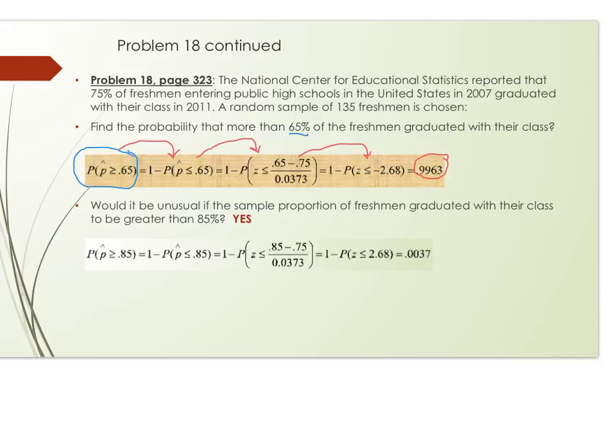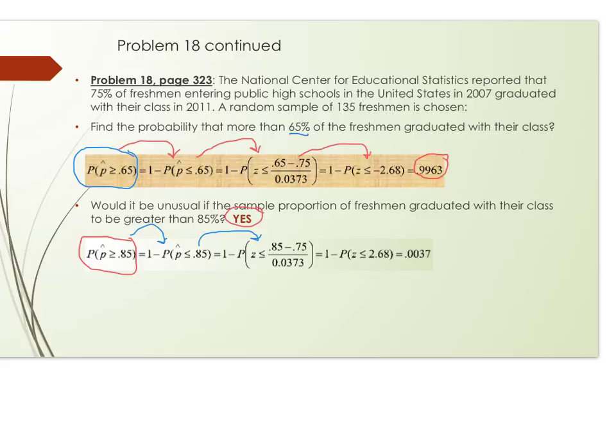Then, would it be unusual if the sample proportion of freshmen graduated with their class were greater than 85%? We said yes in this particular case, so we set up the probability statement. Again, we do the same thing. We have to use the complement if we're going to do it by hand, and then we move it over to a z interval.